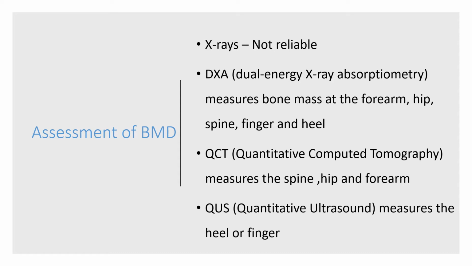They actually use this quantitative ultrasound, which measures the bone mineral density at the heel or the finger. But remember, of all these three things, DEXA, QCT and QUS, QUS is the most unreliable. So please go for a DEXA scan wherever available, because it is the gold standard.